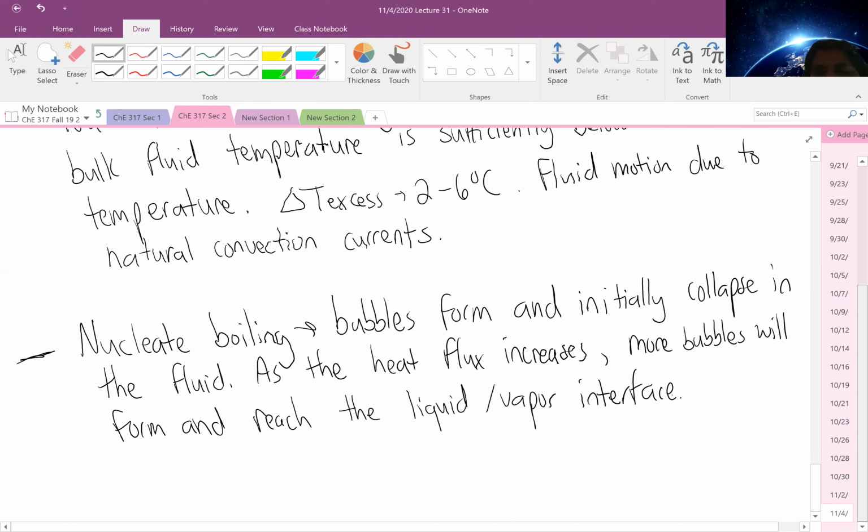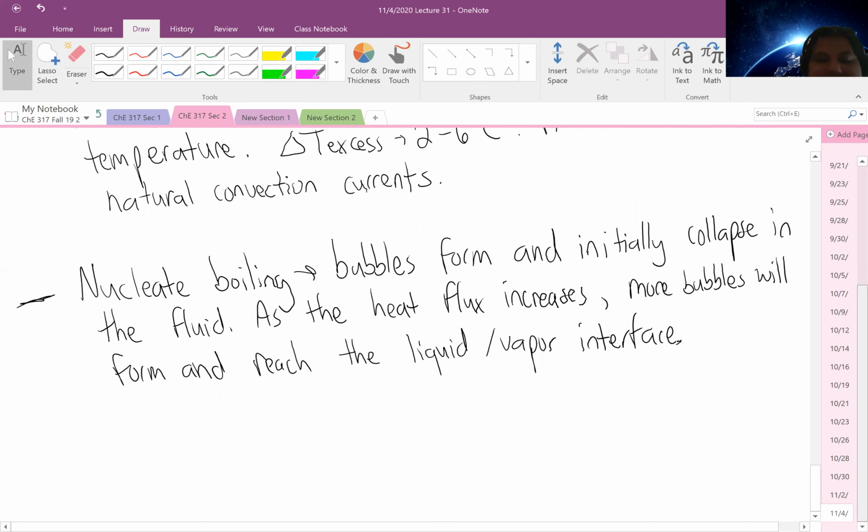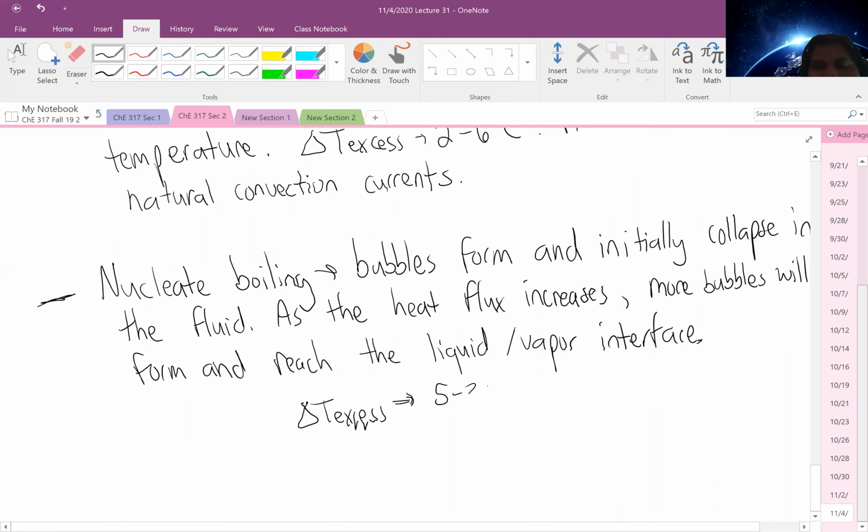Right, so that means, as that heat flux goes up, we find better vapor formation and more bubbles are able to escape the system. And in this case, the delta T excess is somewhere in the ballpark of 5 to 30 degrees C.